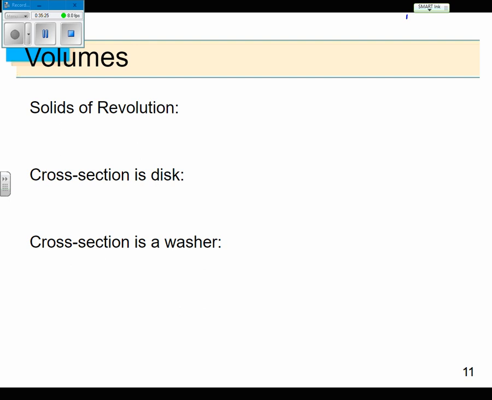And so remember, I obtain all these solids of revolution by revolving a region about a line.